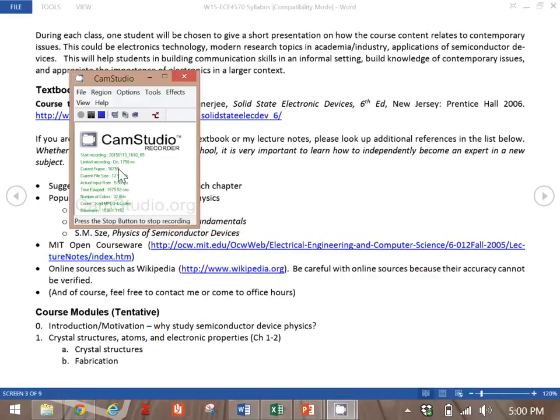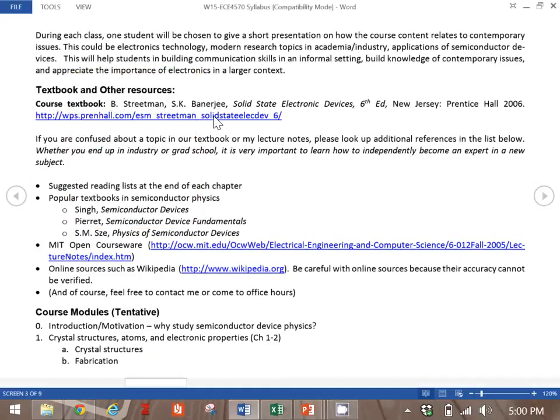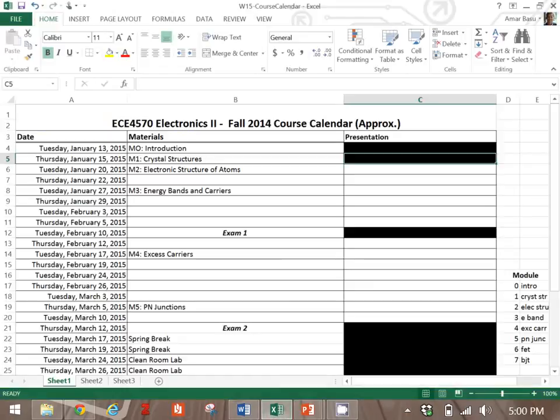Okay, so more about the syllabus here. We went over the course textbook. Let's go over the course modules now. And for this, let me bring up the course calendar here.